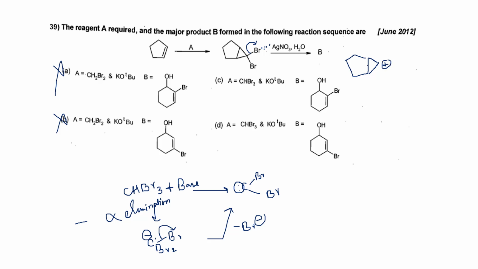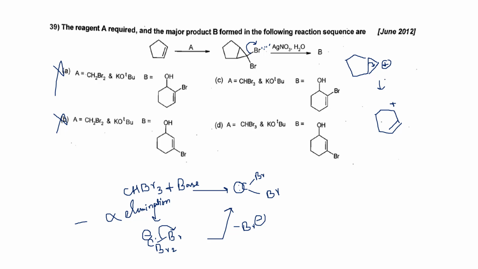To stabilize this one, the bond breaks and forms this type of 6-member ring with a positive charge here and a double bond here.